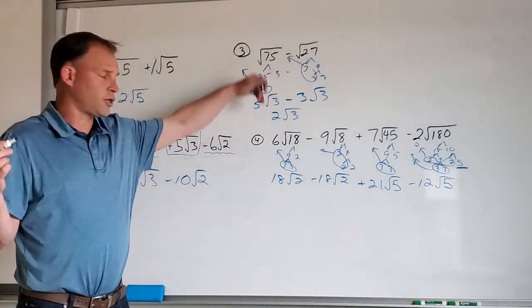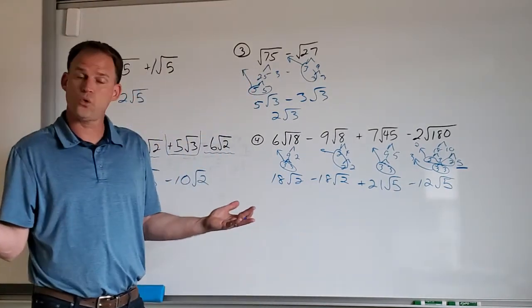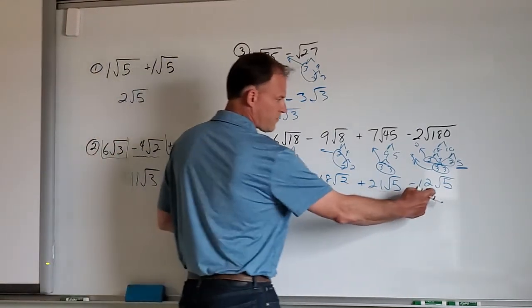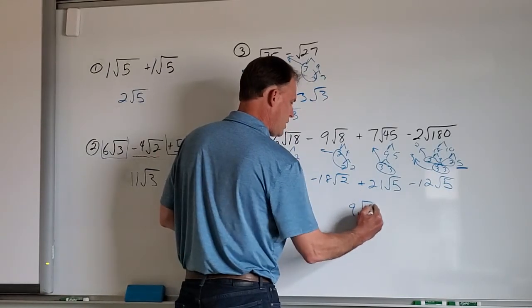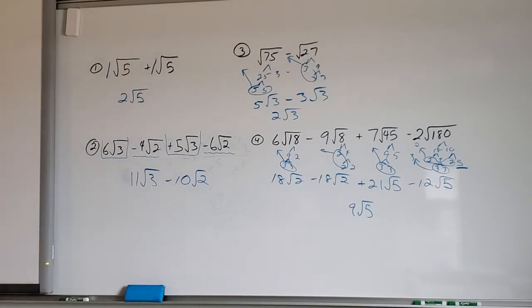If you have questions, make sure you're asking. Let's combine the like terms. 18 root 2 minus 18 root 2 is 0 root 2. Don't write it. 21 root 5 minus 12 root 5 is 9 root 5. You got questions. I got answers. Ask them now. Good luck.